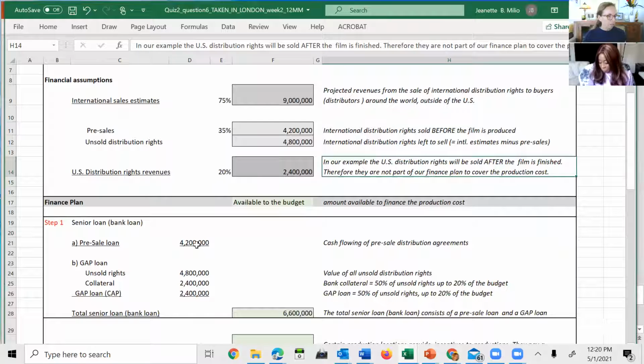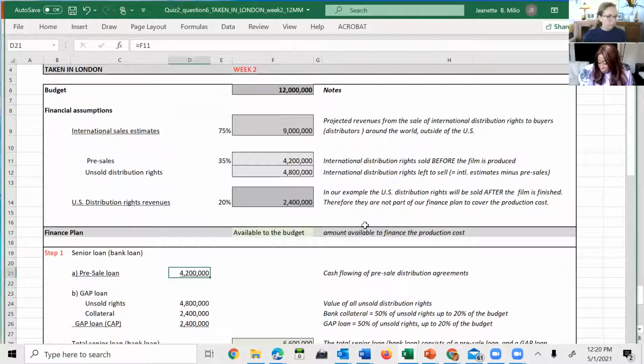Okay, so the bank loan for pre-sales, I'm just using here the $4.2 million pre-sales. This is a very simple case study. It doesn't even talk about interest rates and nothing else. So all the bank does is give me the exact amount for my pre-sales as I have my pre-sales. That is all that's happening here right now. So we have 4.2 million in pre-sales.